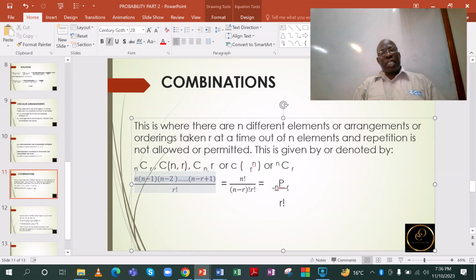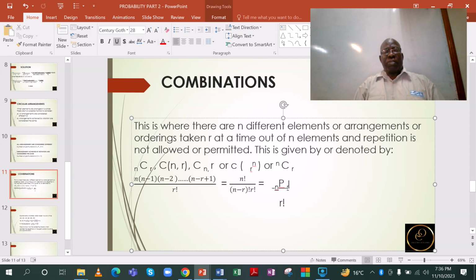Capital letter C, then open bracket n comma r, or capital C n r in this manner, or C then r n r. These are the different ways in which the same denotation of combination can be done in calculating or determining the combination, where a number of orderings or pairings or arrangements are taken n at a time, and repetition is not allowed.